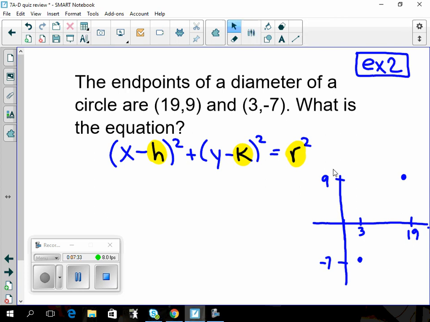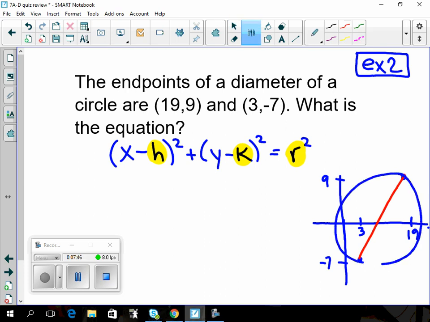So in other words, if I go from here to here, that's the diameter of the circle. So I'm just going to attempt to draw a circle, oh geez, pretend that that's a circle, where that is my diameter, what's in red. Just a picture. I'm just a picture person.